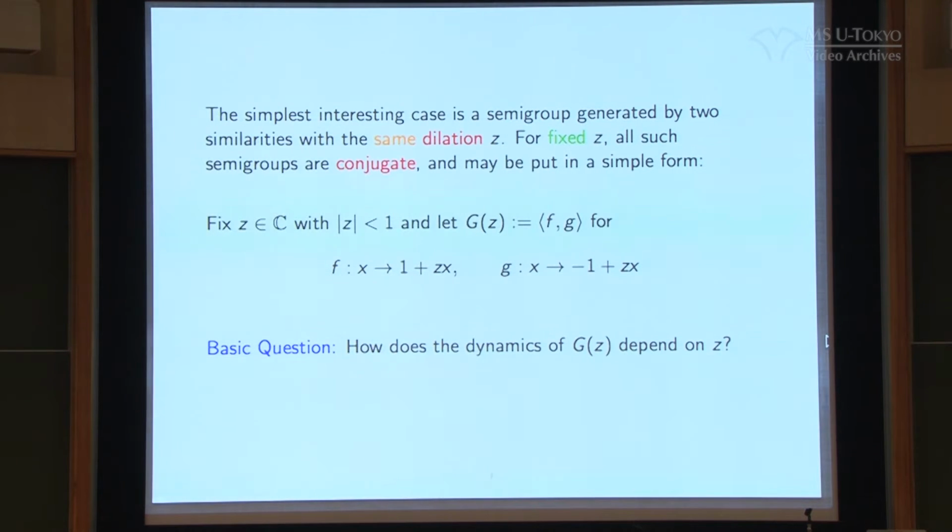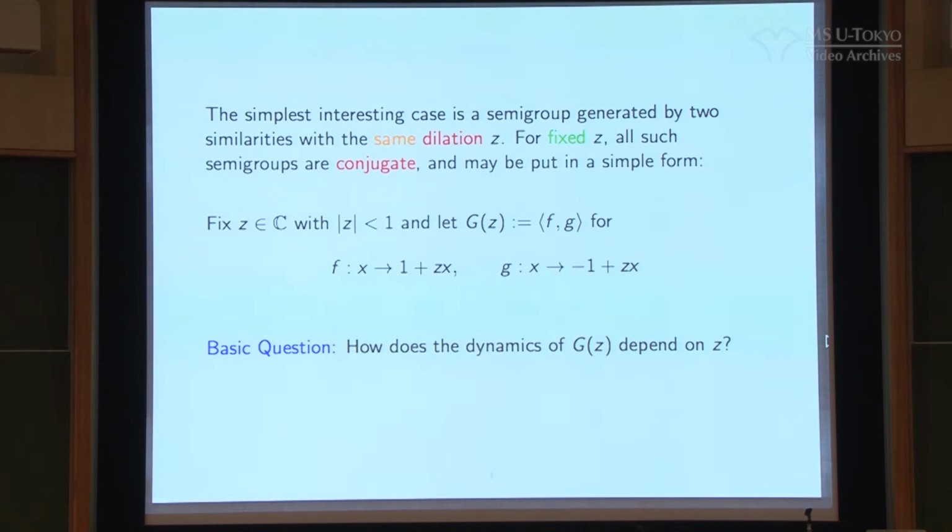All right, so everyone clear what it is we're talking about? And the question, as the questions always are, is: you've got this parameter z, and it parameterizes these dynamical systems. How does the dynamics of this dynamical system depend on this parameter z?